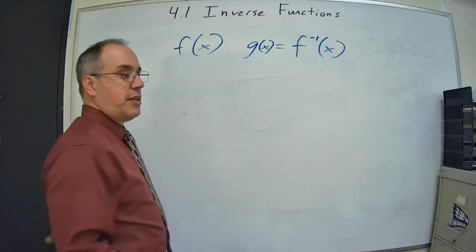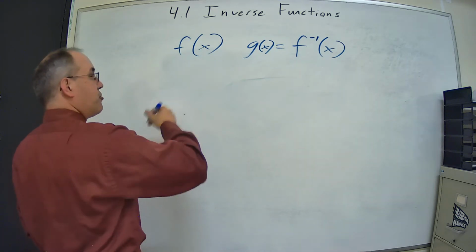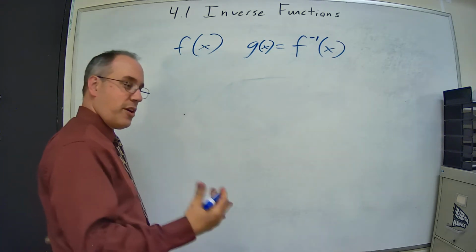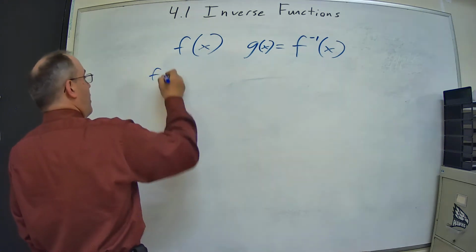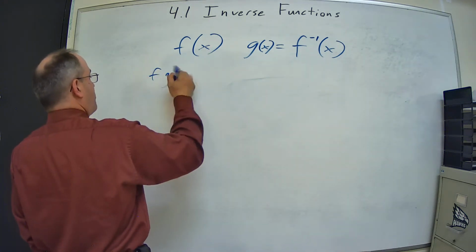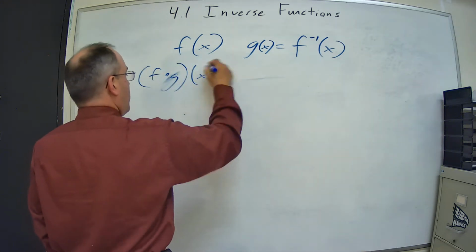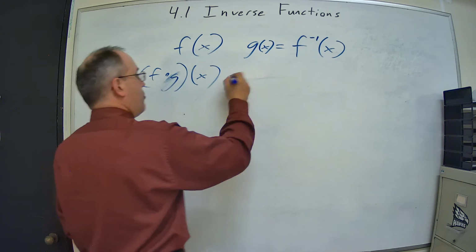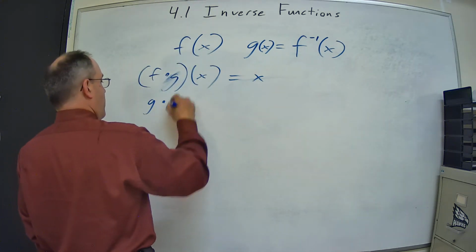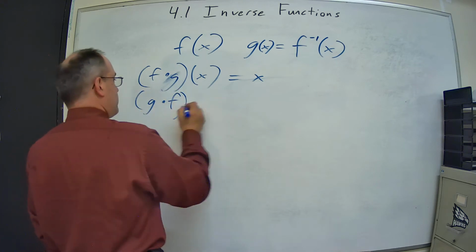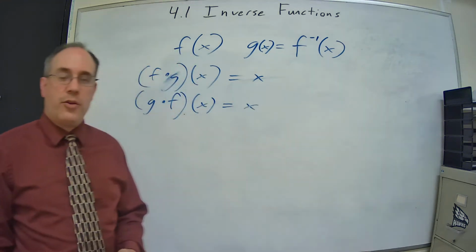So if I have g of x is equal to the inverse function of f of x, and I want to see if two functions are inverses, then I can use composition. It's one of the last things we covered in the last section. So f of g of x will be equal to x, and g of f of x will also be equal to x.